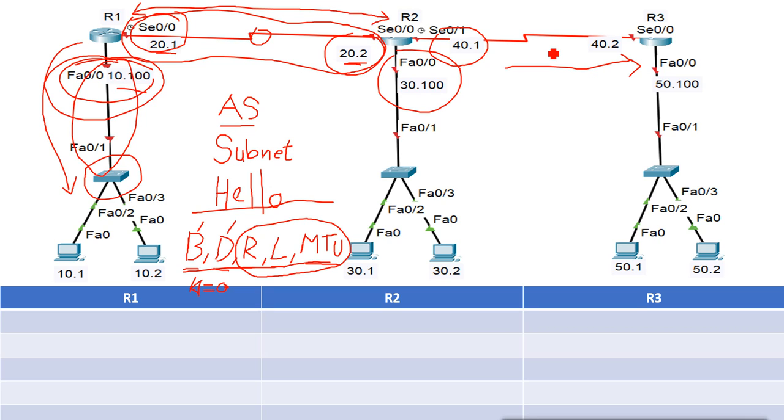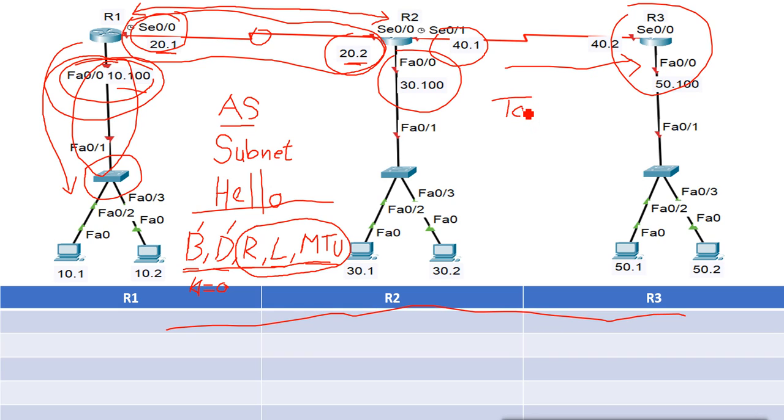Now router 3 gets information about all these networks, 10, 20, 30, 40. From that it will choose the best path and put it into the routing table. But before creating the routing table, it will create the topology table also.